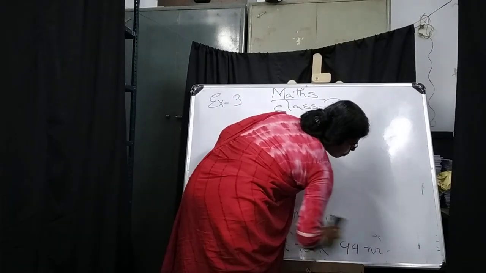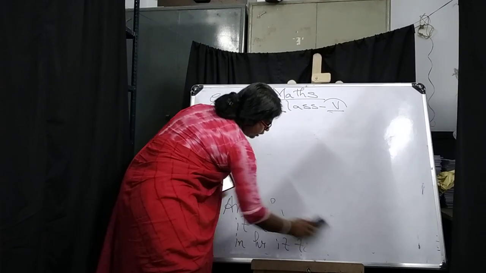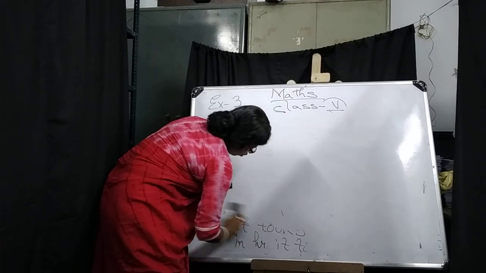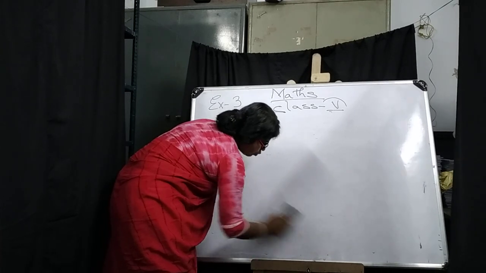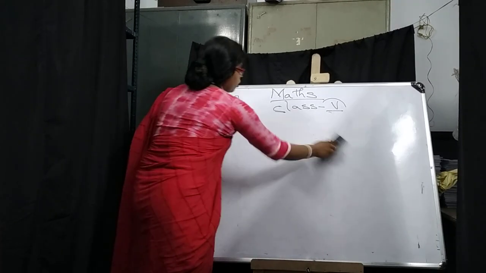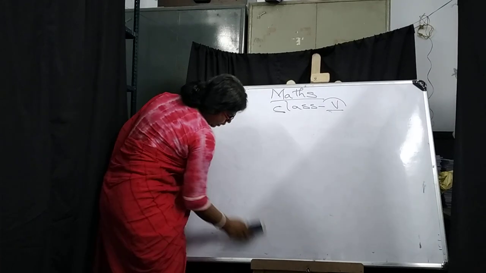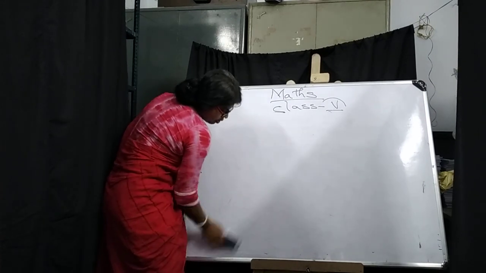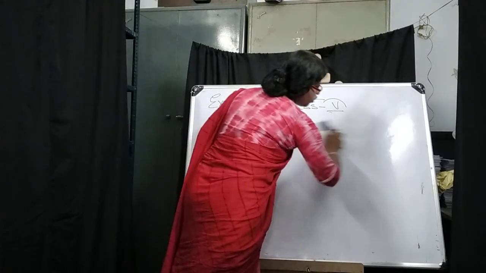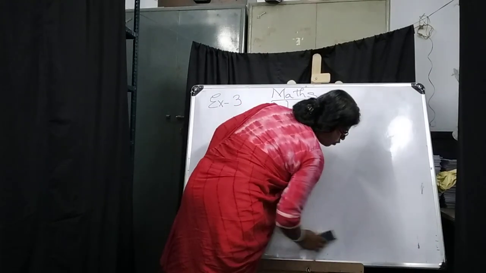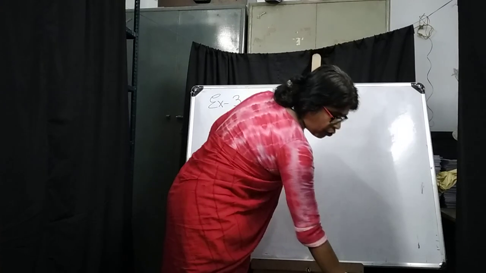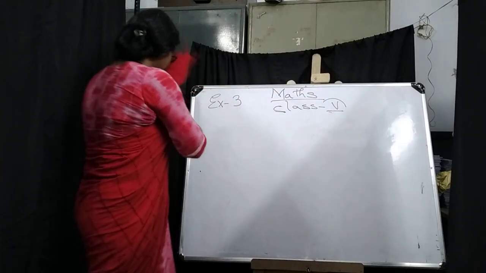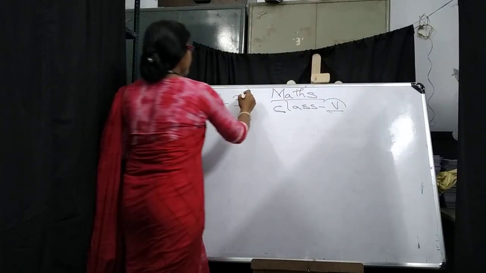When you are doing big division, multiplication in problem sums, don't forget to do the rough work, and for that you will draw a separate margin and do the rough work there. On the top you will write rough, and there you will do all the rough work, and don't rub it after doing that. Now exercise 3D.